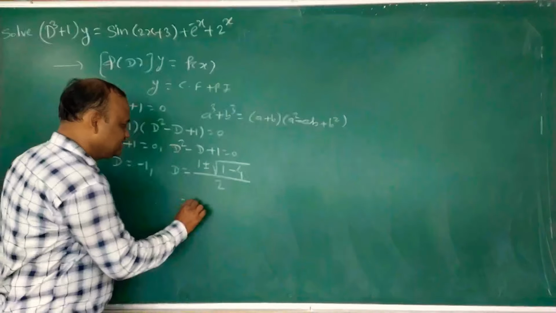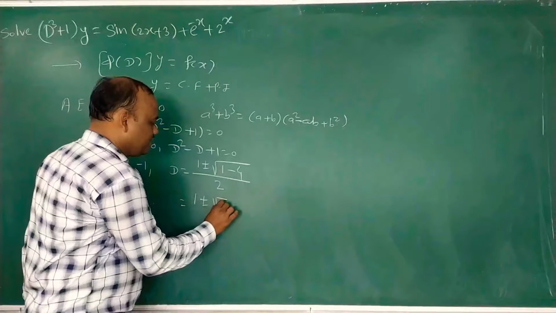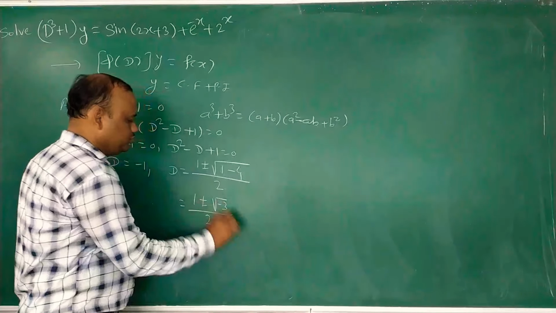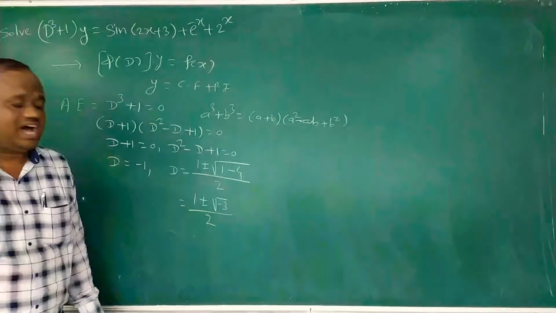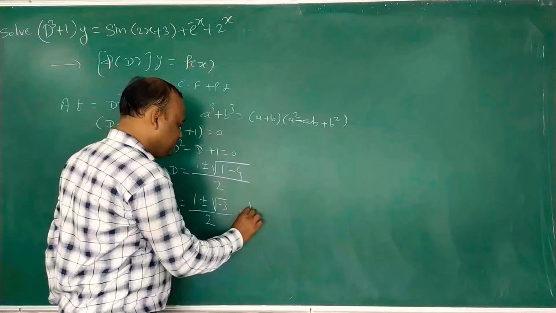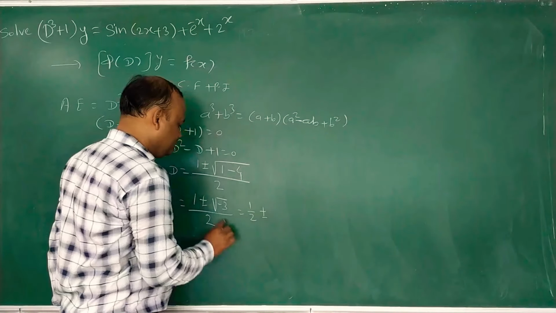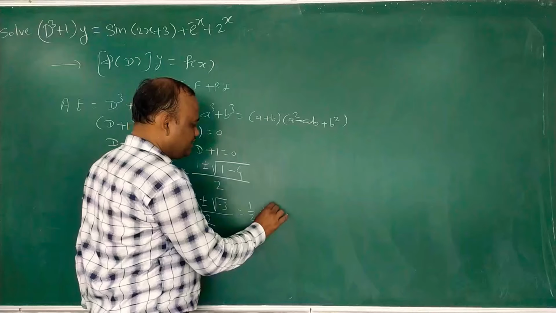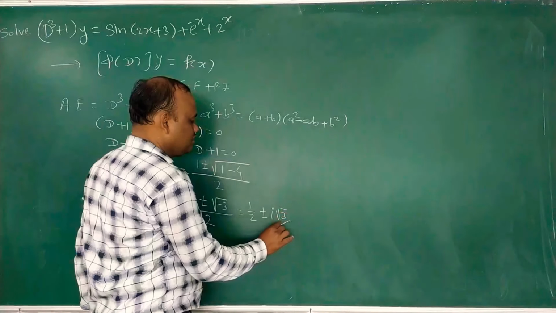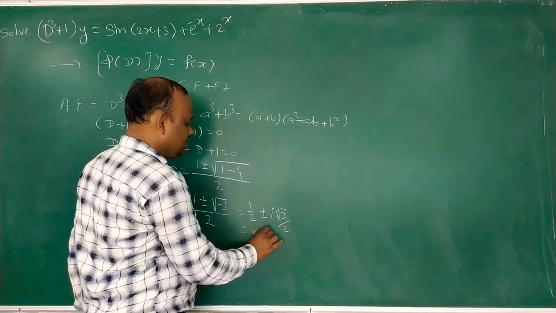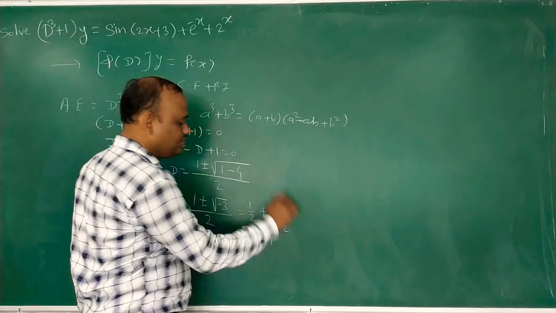After simplification, this is (1 ± √-3) / 2. We know that the root of -1 is i. If we separate this, it becomes 1/2 ± i√3/2, that is alpha ± i beta.